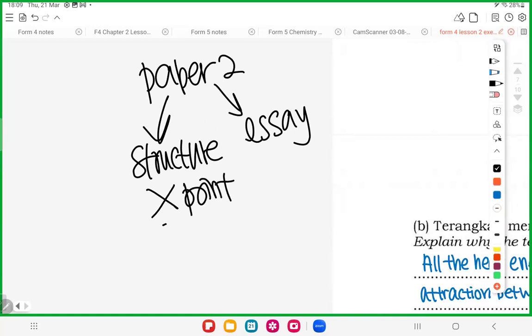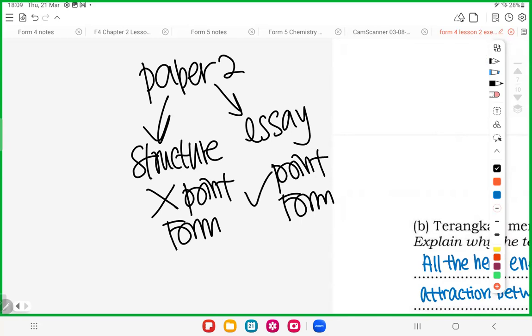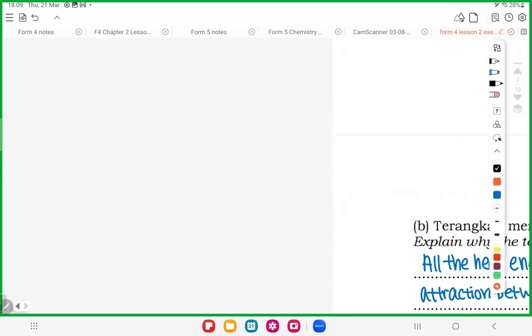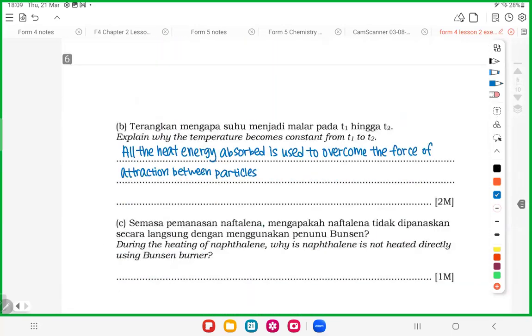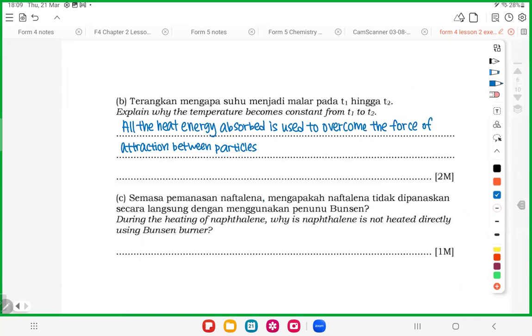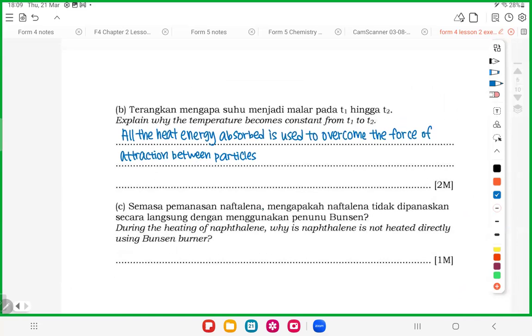Always put your answer in a proper sentence. For essay questions, writing in point form is perfectly fine. I will guide you more on this later on. For now, since we are just starting Form 4, I do not advise you to use point form. Try to put the answer in a proper sentence. So next one.